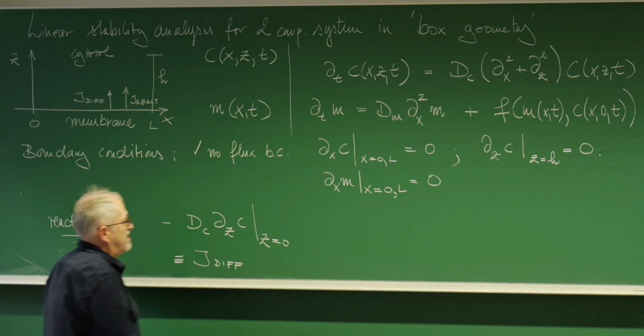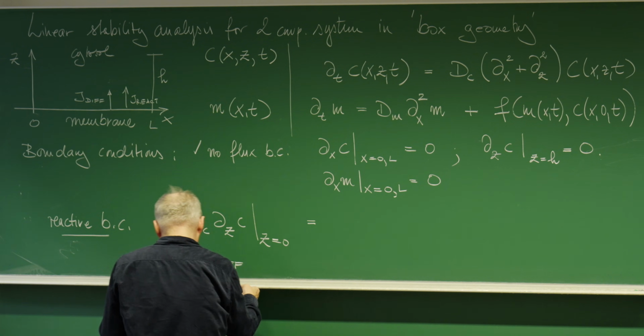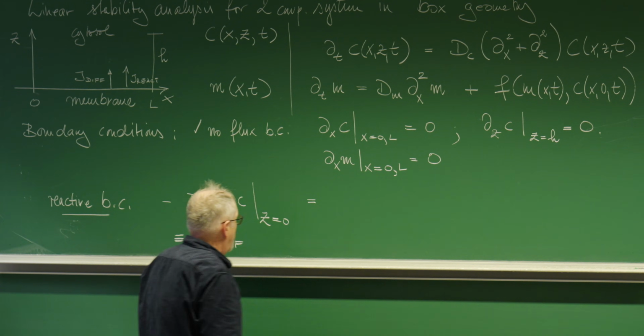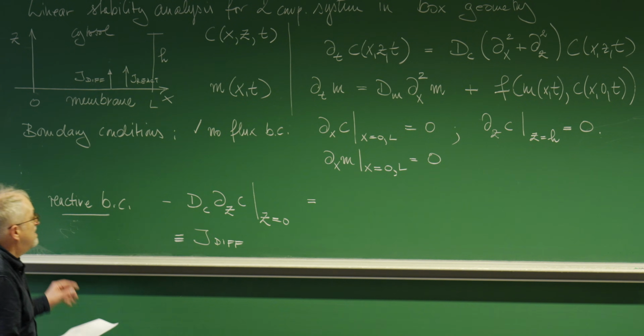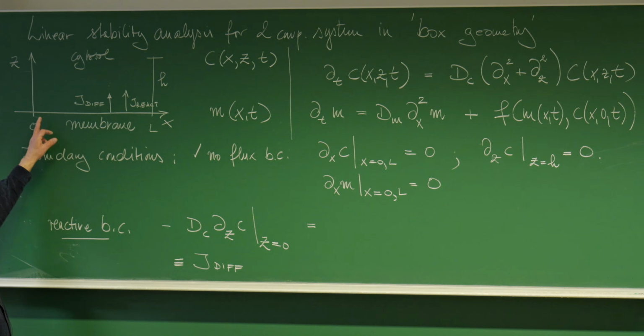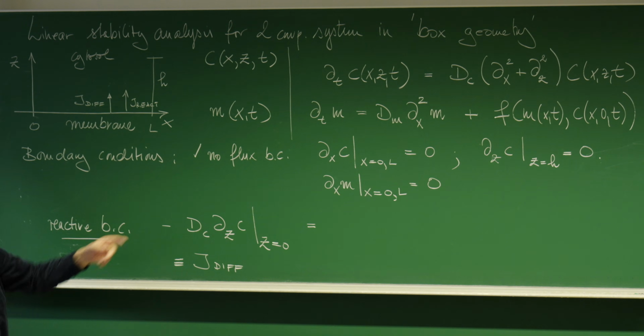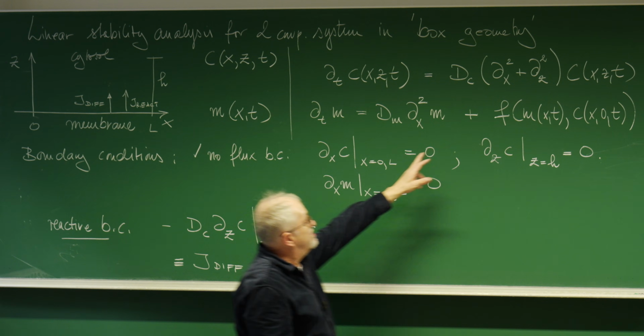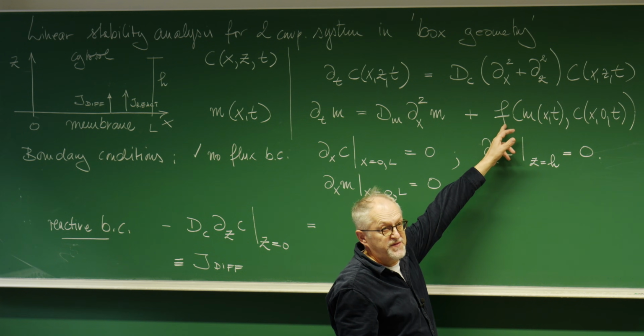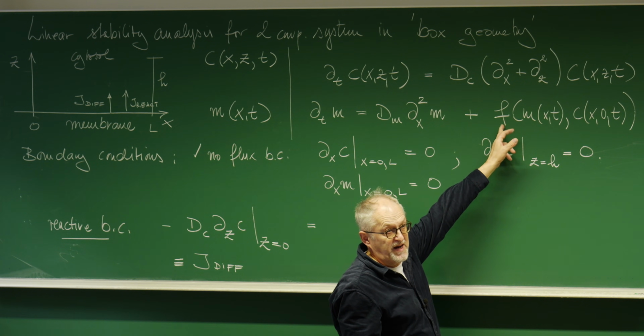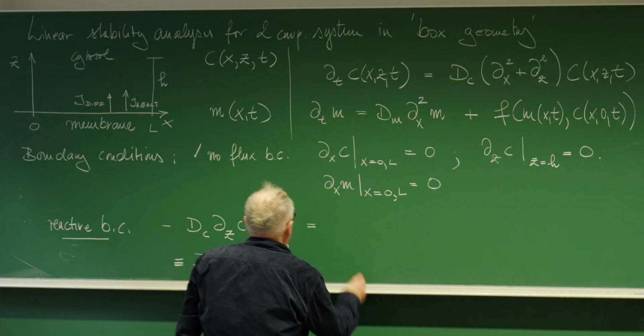This diffusive flux needs to be equal to the corresponding reactive flux, right? And this reactive flux is now one where I attach things to the membrane. So it means I'm losing it from the cytosol, so I have to have the corresponding negative of the attachment flux that I have here in the reaction term.